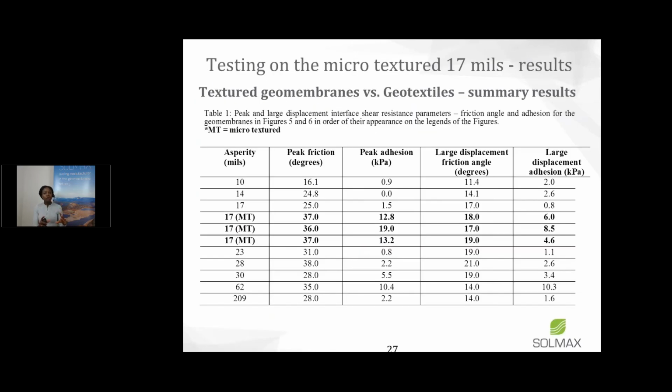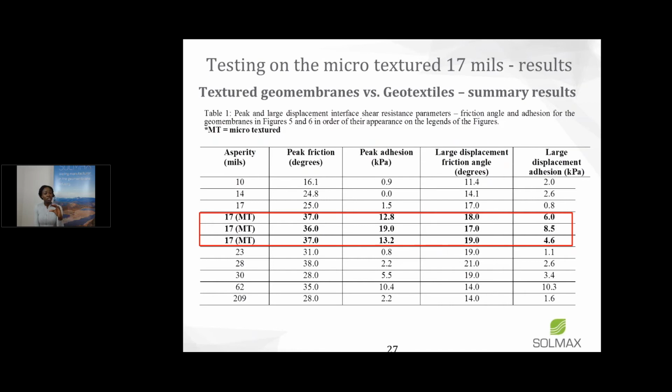And here is a summary of all of those results, so for the peak and for the large displacement or the residual with the geotextile. So the asperity height is the first column on the left, and we have the peak friction, peak adhesion, large displacement friction, and then large displacement adhesion.